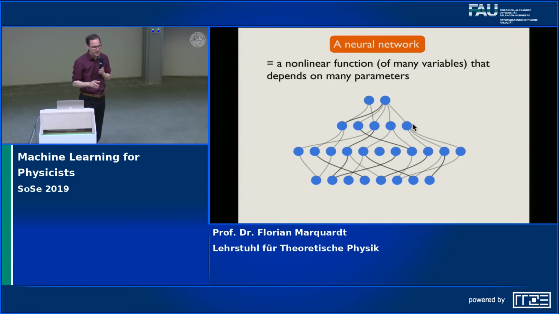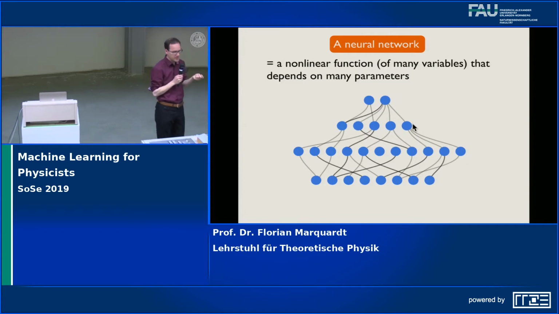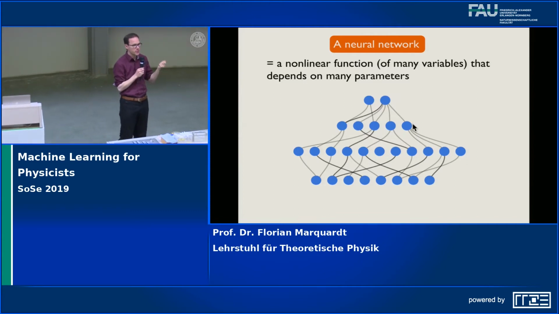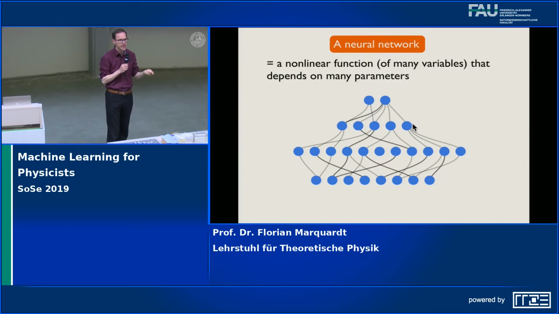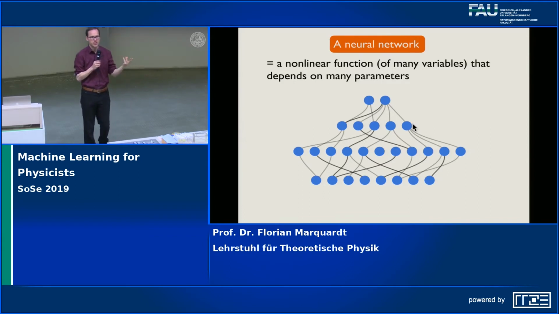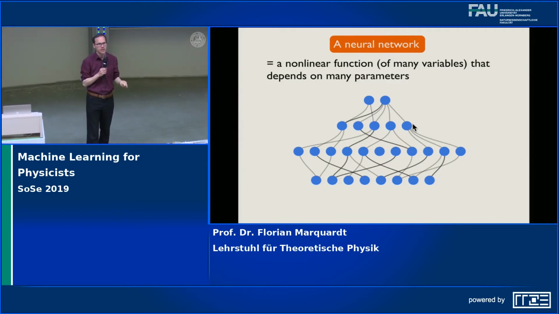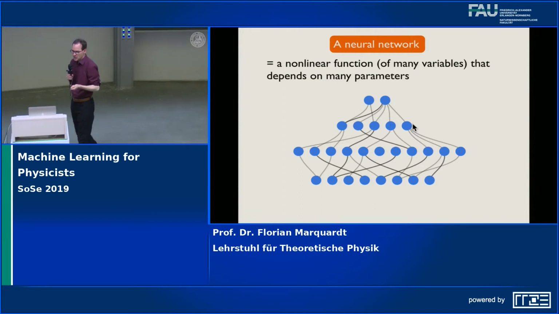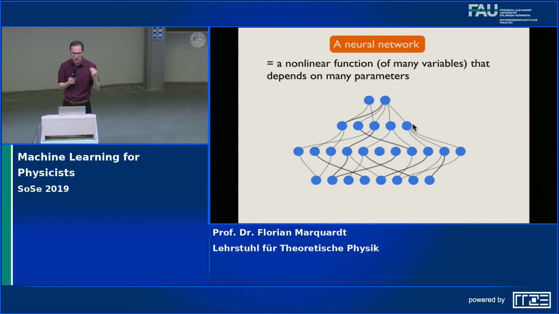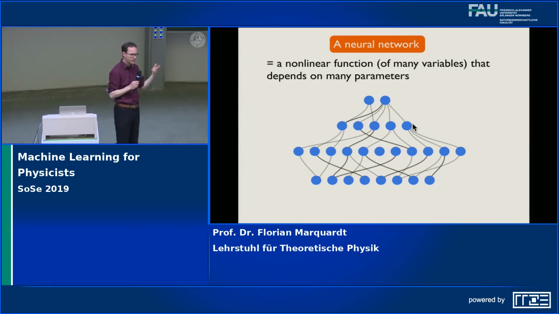And not only does it have possibly many input and output variables, but more precisely, it's a function that is parametrized, because you want to train, and training means you have to be able to change this function. So internally, this function has many parameters. We are talking of 100,000 or so, maybe. During training, these parameters will change. So it's a complicated nonlinear function with many variables that depends on many parameters. And many really means many.